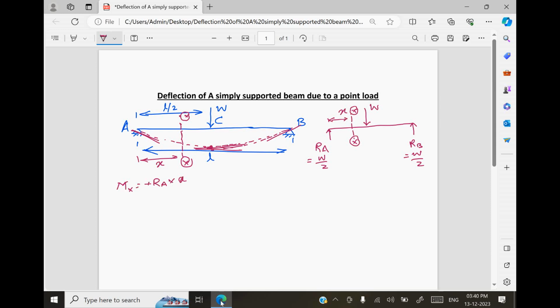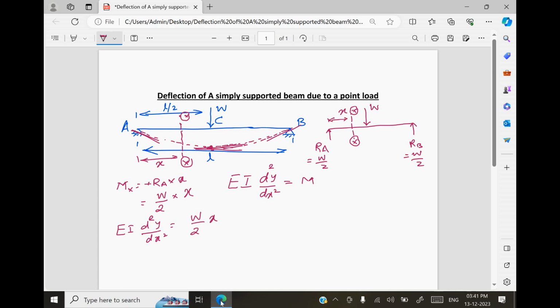The value of RA is W by 2, so W by 2 multiplied by X. We also know the differential equation for beam deflection, that is EI d square y by dx square is equal to M. Let us equate these two equations. EI d square y by dx square is equal to W by 2 into X.